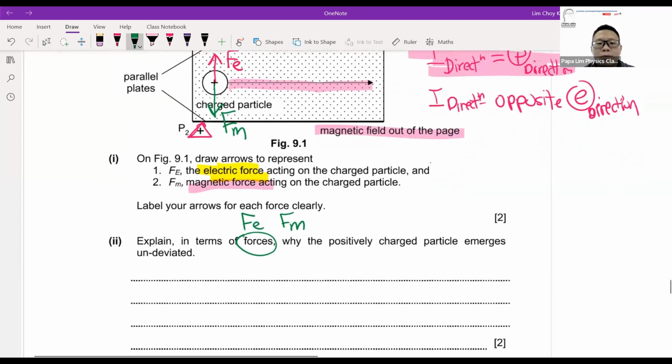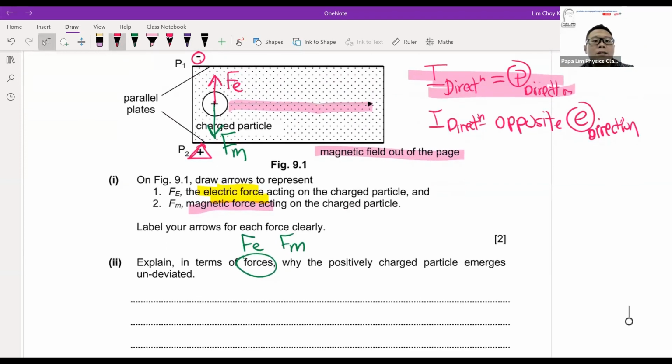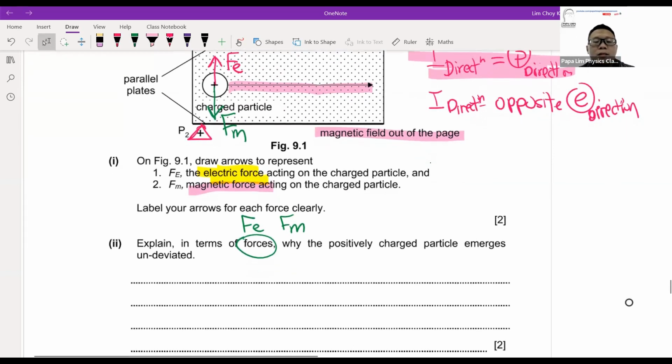I would say this is quite straightforward, because for it to travel undeviated, going straight from left to right, it means the overall force on the object is a net zero force. From here you are able to deduce that the electric force balances with the magnetic force, or what we know as Fe equal to Fm.